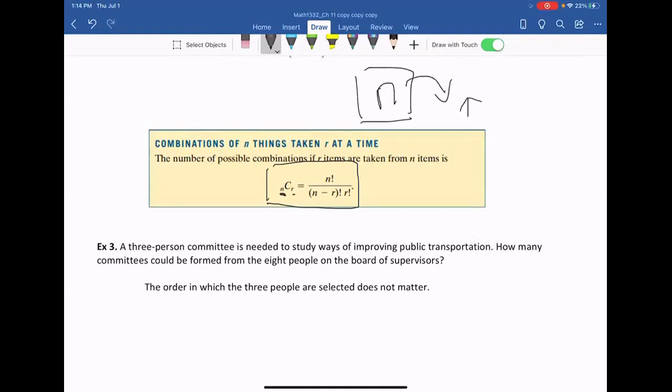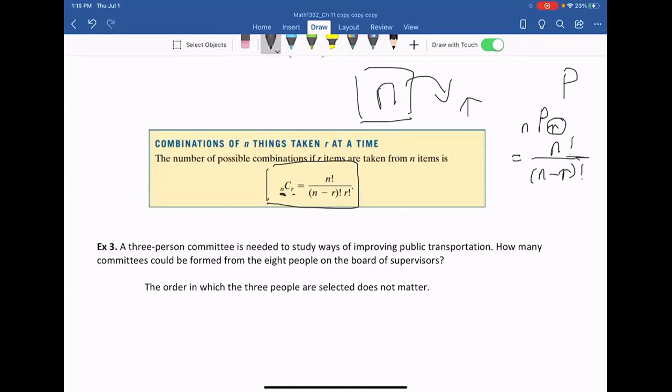The formula to find the combinations is n factorial divided by n minus r factorial divided by r factorial. From the permutation, we learned that nPr equals n factorial over n minus r factorial, because for the R we selected, the order matters.